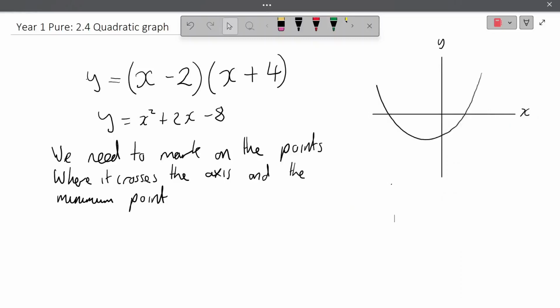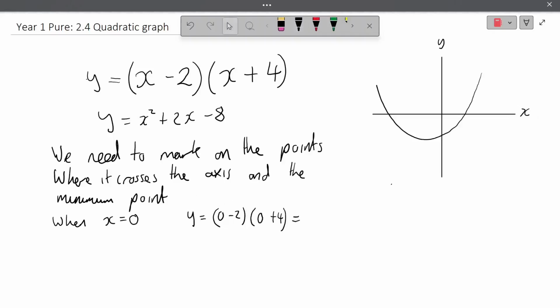Now, let's have a little look at this example. Well, to find where it crosses the axes, we need to go for when it equals 0. That's both for y equals 0 and x equals 0. So when x equals 0, we can go y equals 0 minus 2, 0 plus 4.